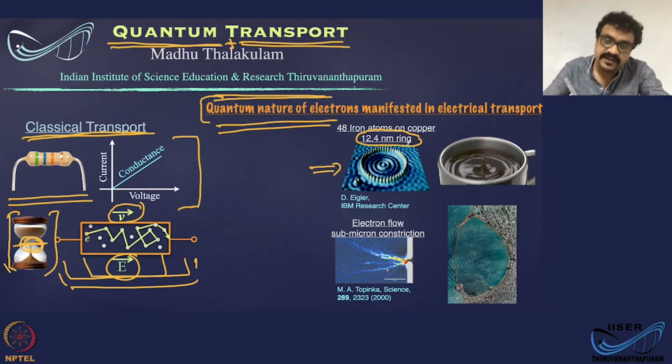And what you are seeing here is a plot, a three-dimensional image of the wave function of the electrons on the copper surface. These iron atoms are arranged on a copper surface.